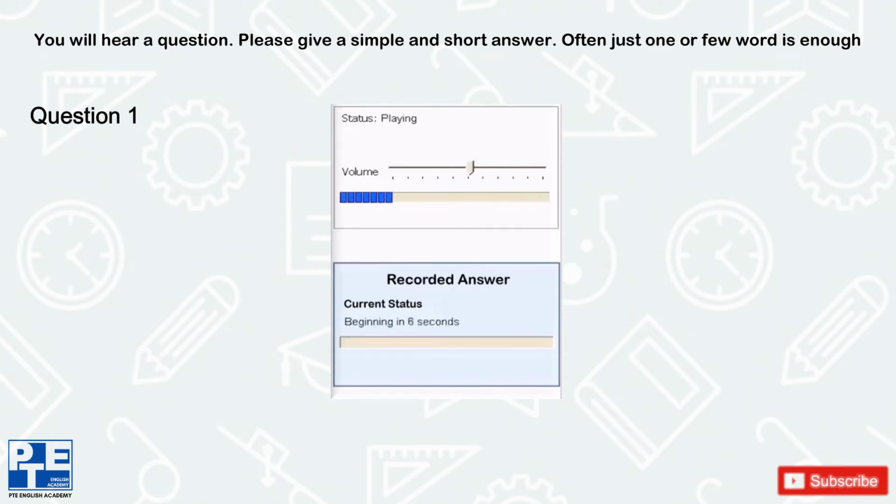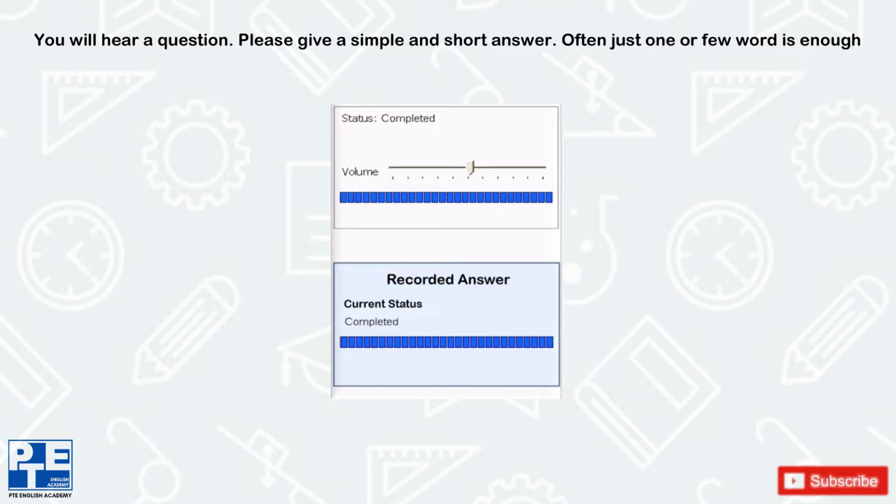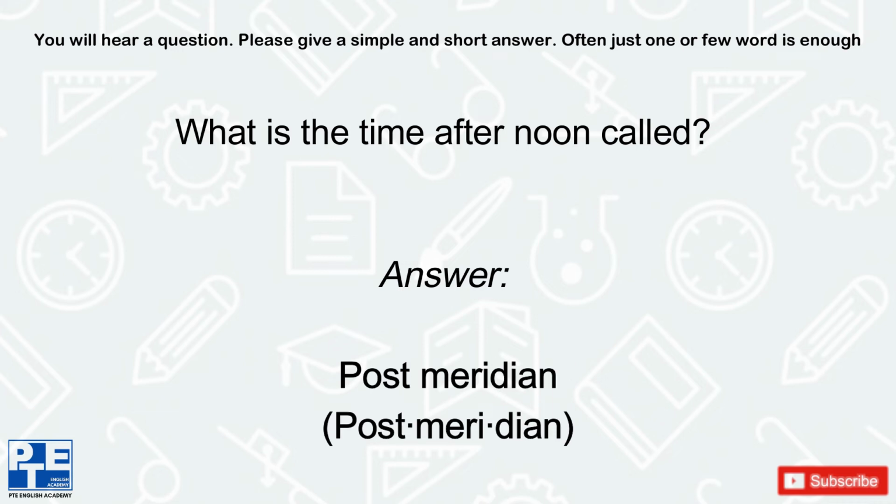What is the time afternoon called? Answer: post-meridian.